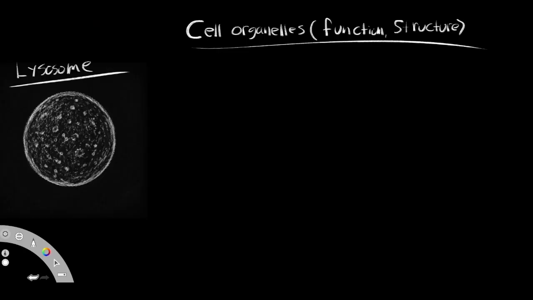This, however, is only in animal cells, and there are going to be some other organelles that are only for plants or only for animals. But for now, this is the first one that you've come across. It's the lysosome, and it's only in animal cells. It's a sac, and it's filled with liquids.